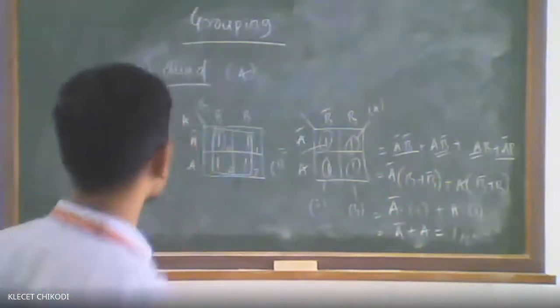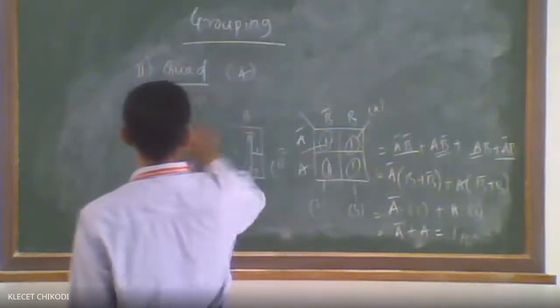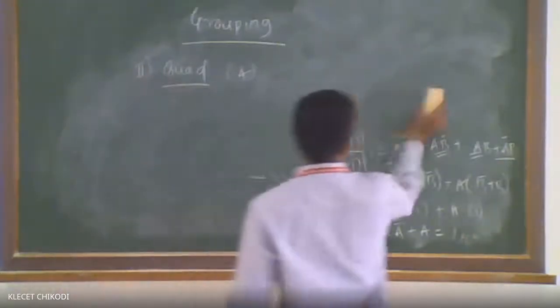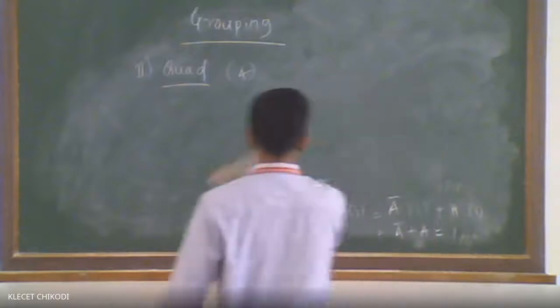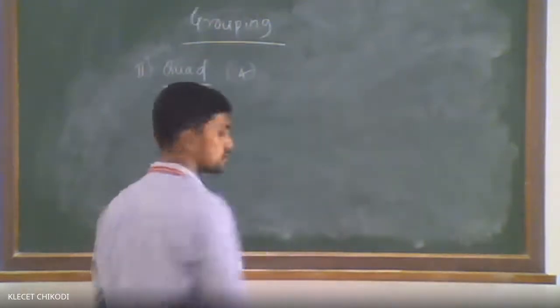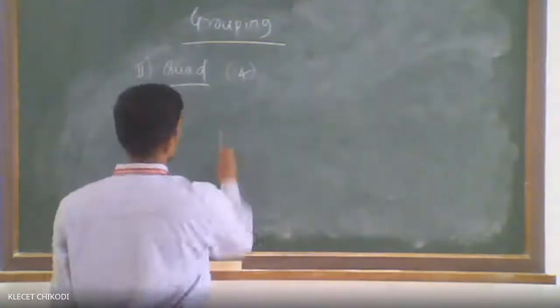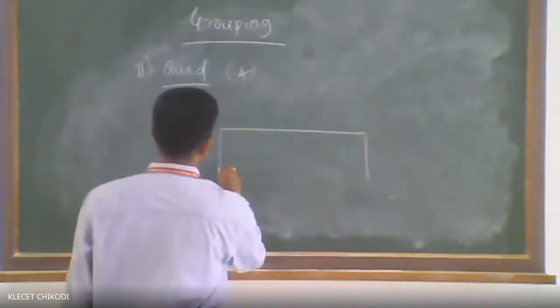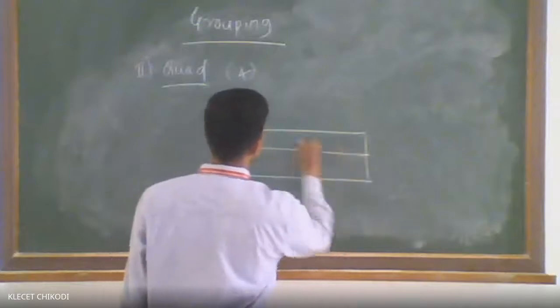Now if you consider the three variable K-map and you have to make a quad out of it, I will draw a three variable K-map here.